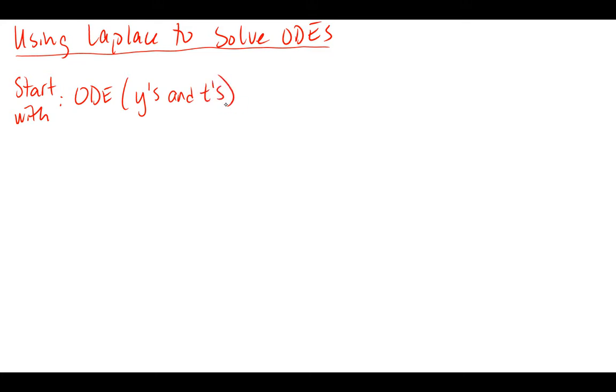T. Right? Y's, y primes, y double primes, and t. Right? So every ODE, we temporarily used x as a variable just for funsies, right? But I think we've mostly been using t as our variable. Okay, so this is just a regular run-of-the-mill ODE that we might have seen in the last couple of months. So we start here. Fine. Now, we know how to solve an awful lot of ODEs.